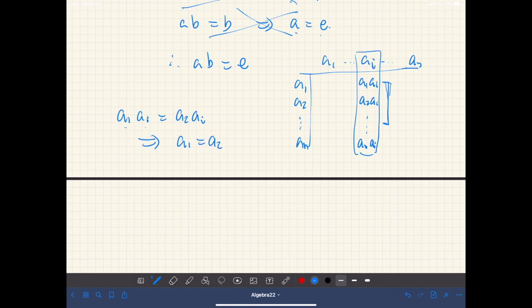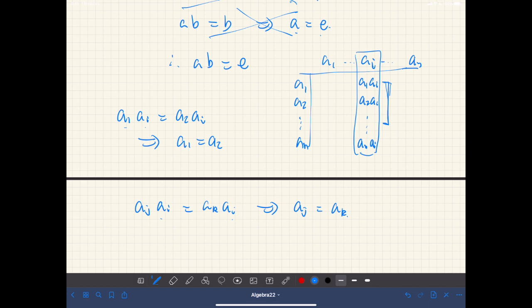But 1 and 2 can be any elements, right? So we could say Aj times Ai equals Ak times Ai. If this is the case, then by multiplying Ai inverse from the right, we must have Aj equal to Ak.